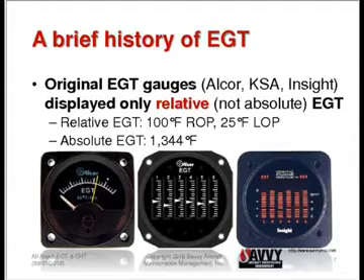And then later on in the 70s, Insight introduced the graphic engine monitor, the GEM, which was the very first digital engine monitor. It similarly had a display with no EGT numbers on it. There was actually a CHT scale here on the right, but the EGT scale had no numbers on it. It was simply a relative scale. And once again, we used these instruments.